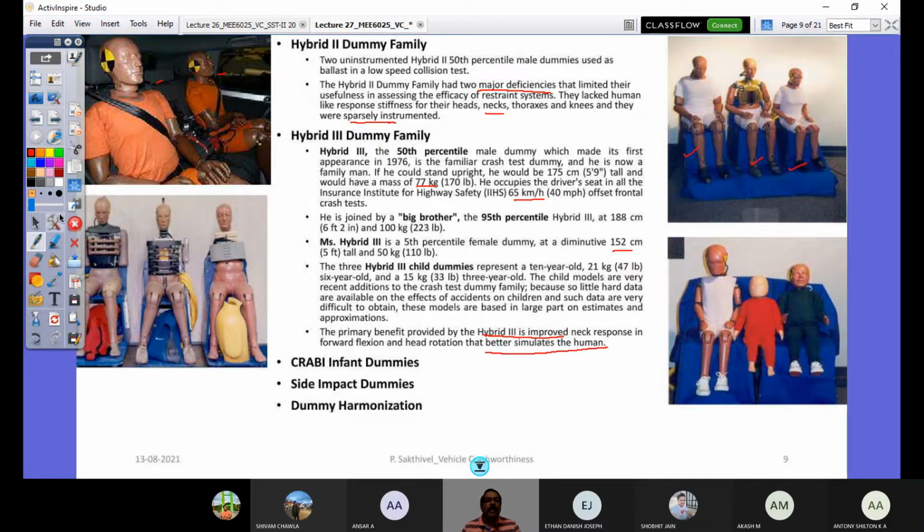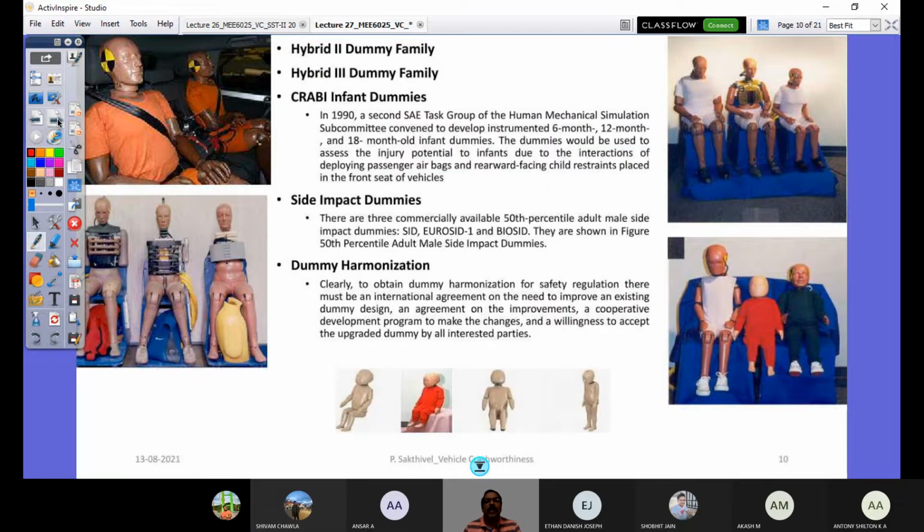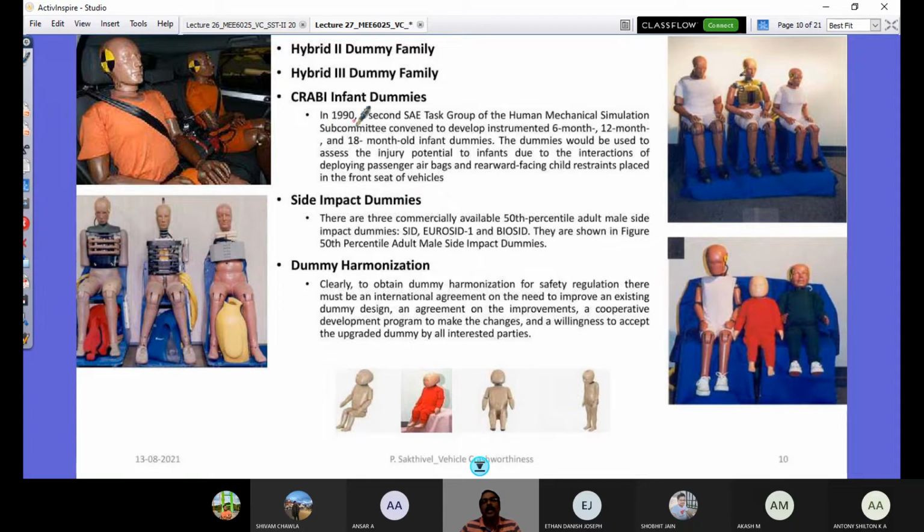So continuing with this, you see there are other dummy families called CRABI, infant dummies. They were born in 1990, when a second SAE task group of the Human Mechanical Simulation Subcommittee was convened to develop instrumented 6-month, 12-month, and 18-month-old infant dummies.